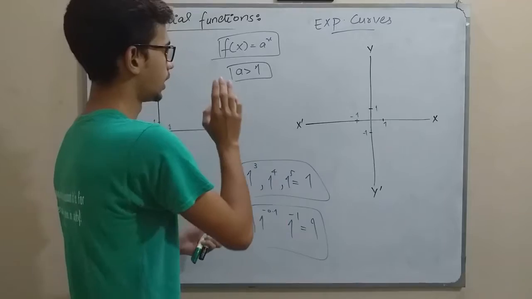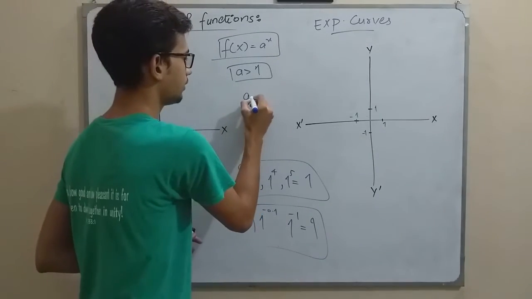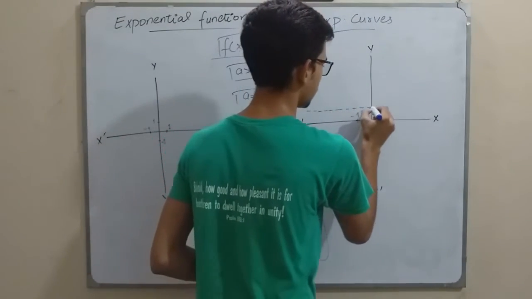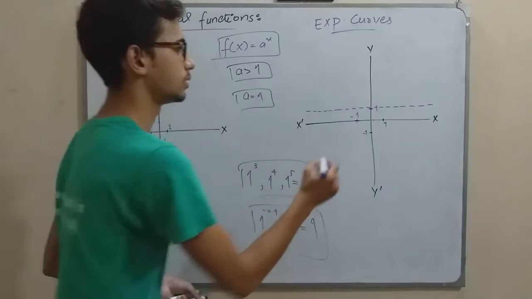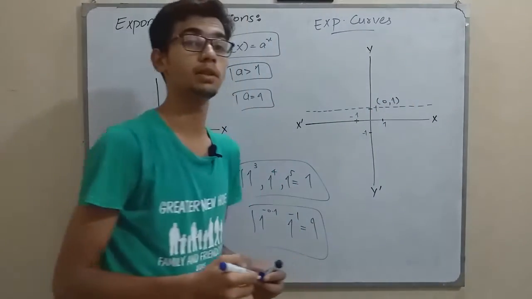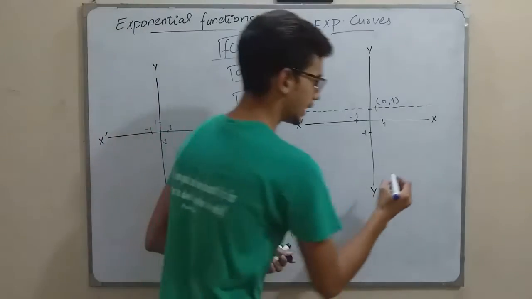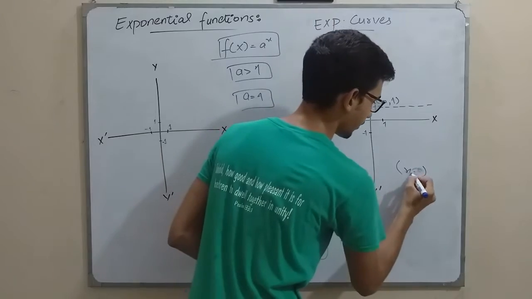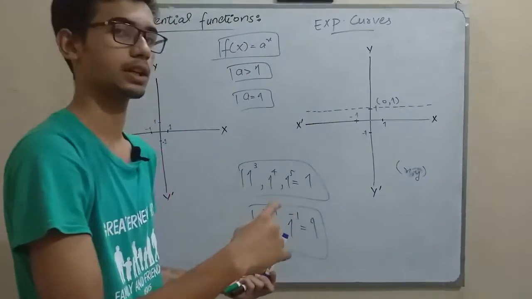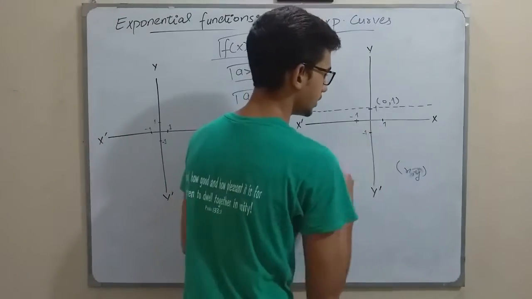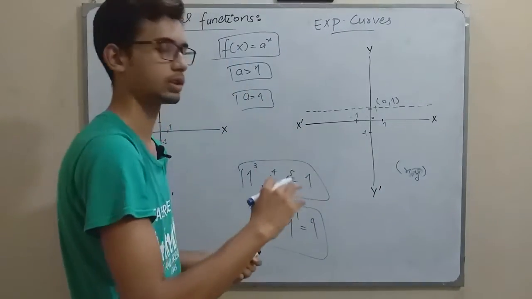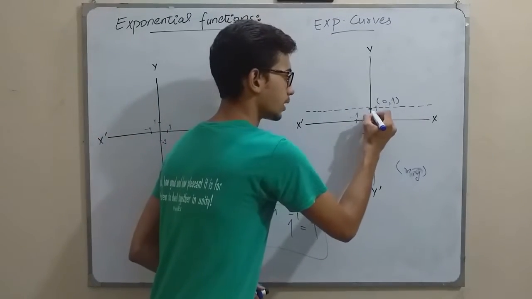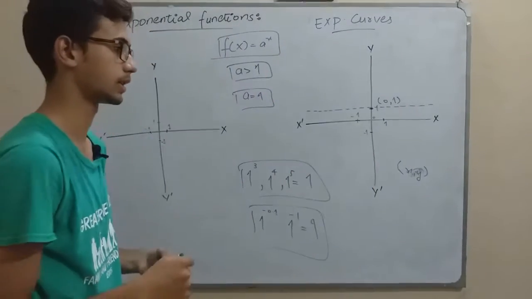So if a is equal to 1, it will give us a straight line graph, and it will pass through this coordinate. You should be aware of the coordinate system. Must remember that coordinates are always represented in x and y. First x and then y. It means that x is 0 here because there is no horizontal displacement, but there is a vertical displacement in y here. So this coordinate should be (0, 1).